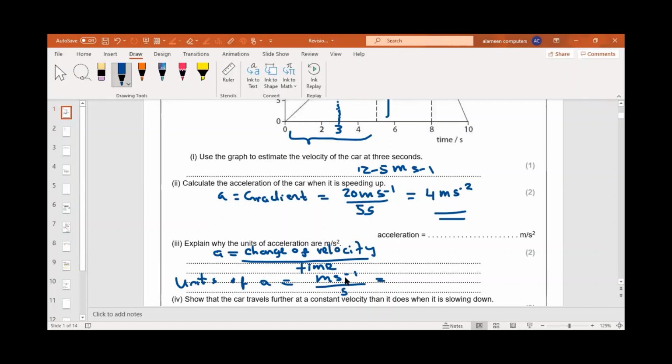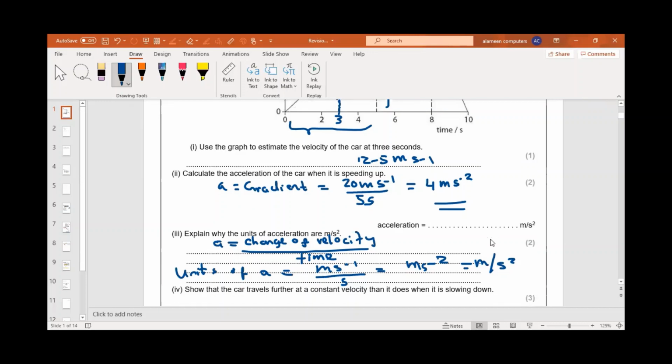So s goes up, so it becomes s to the power minus 1, and they are being added. So this becomes meters per second squared. So that equals meters per second squared. Right? So you have to use the equation whenever we are supposed to show the units of a derived quantity.